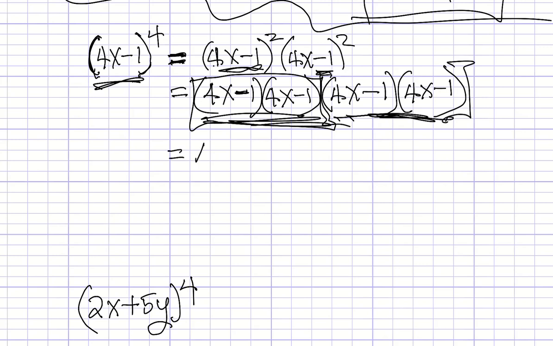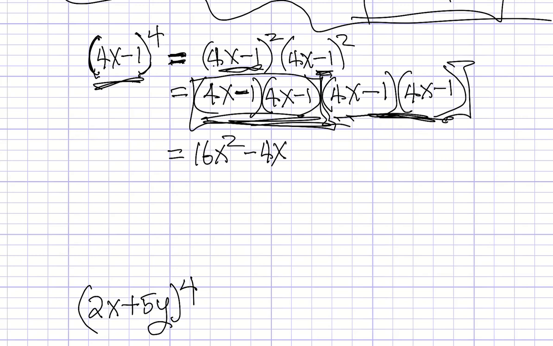We'll do 4x times 4x. What is that? We don't want to take too much space. It's 16x squared, right? And then 4x times negative 1, you get negative 4x. You see that, right? We don't want to leave anything behind.